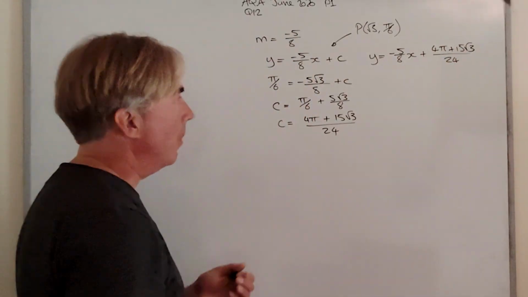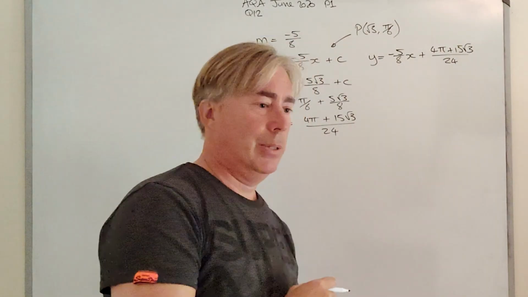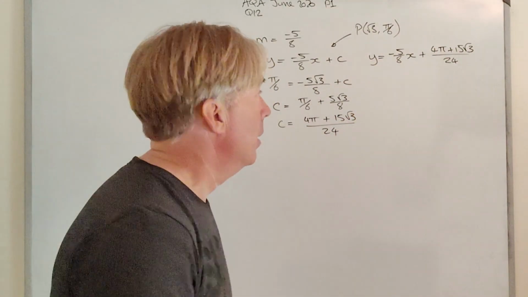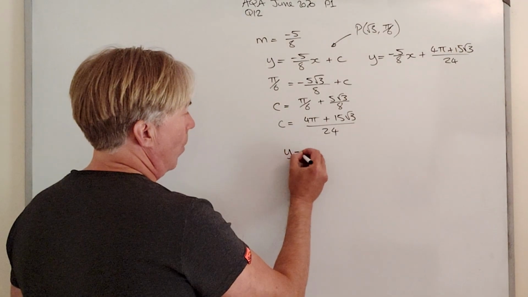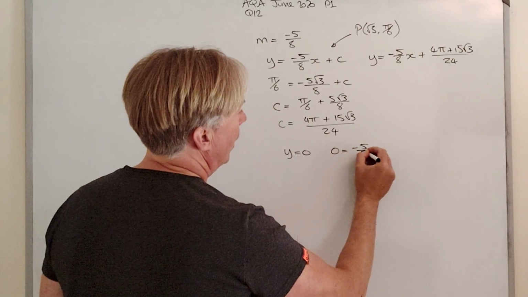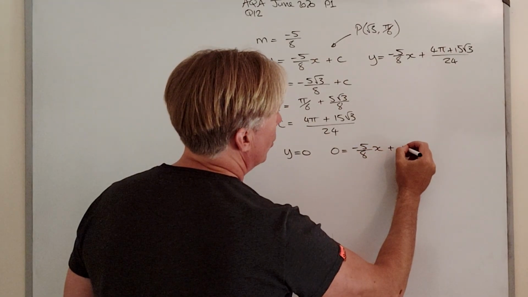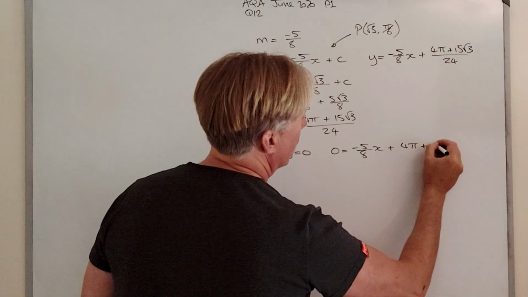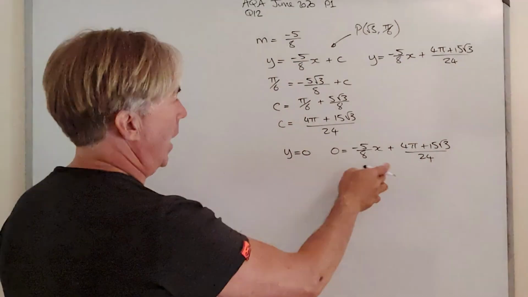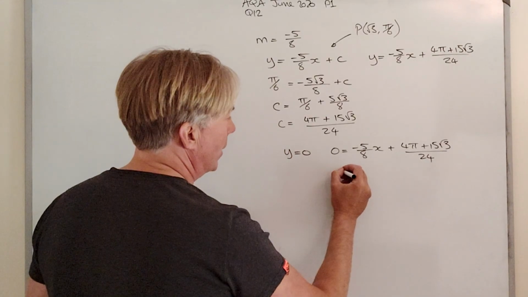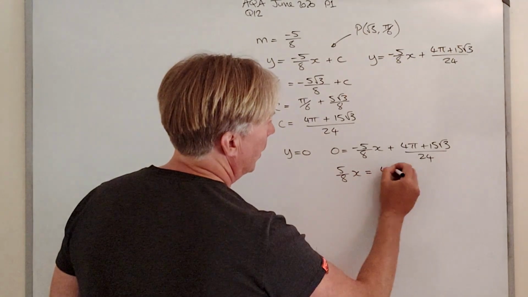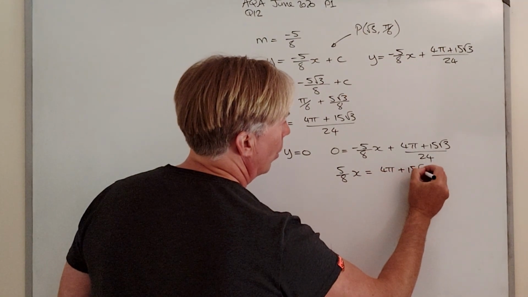Okay, so we're not after the intercept on the y-axis, i.e. the constant. We're actually after the intercept on the x-axis. So for that reason, we have to set y equals 0. So we end up with 0 equals negative 5/8 x plus our constant, which I'm going to write out again in its full glory, over 24. I'm going to add 5/8 x to both sides, so I get 5/8 x equals this long old business again.